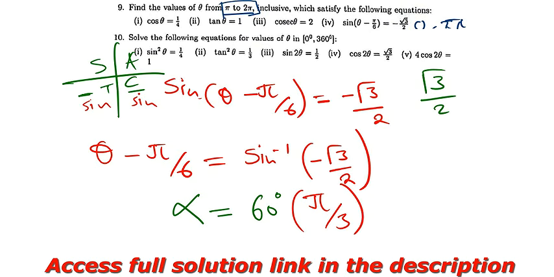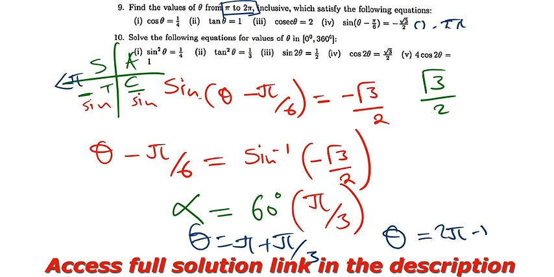You should be able to convert to radians without struggles, right? Now the two answers therefore that we're going to have would be, in the third quadrant, it's going to come after pi, so it's going to be pi plus pi over 3 for our theta. That will give us a negative result. And then the other one would be theta is equal to 2 pi minus pi over 3, which can be simplified, right?